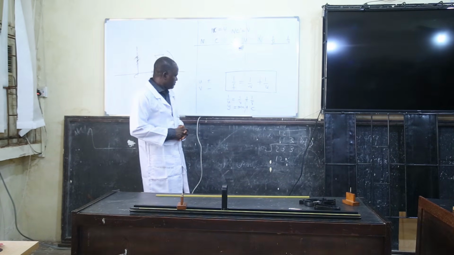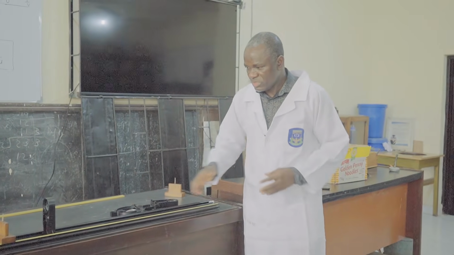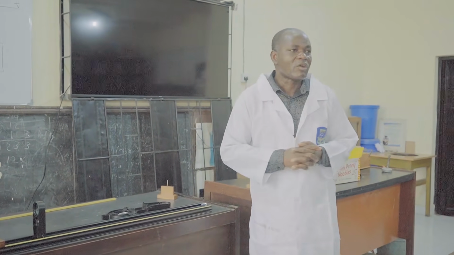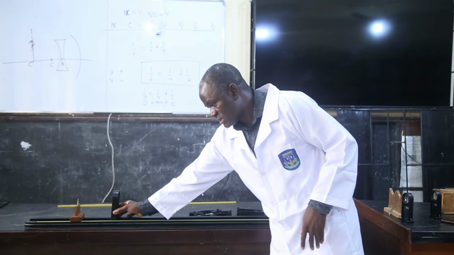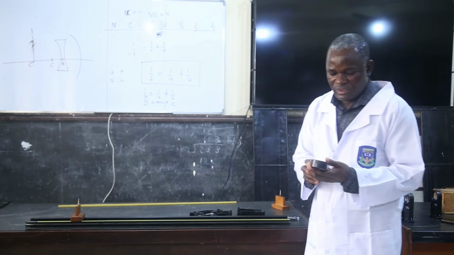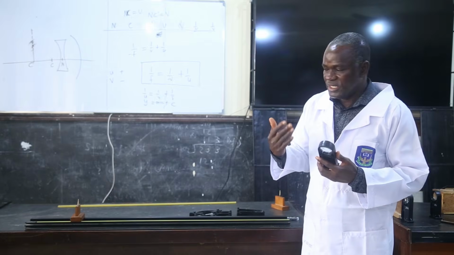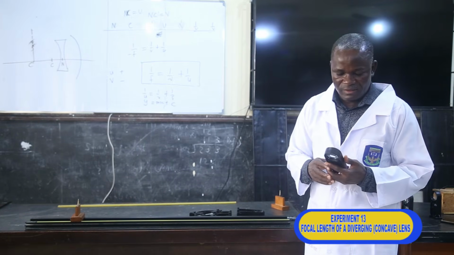Now the second method that we are going to use is the use of a convex lens. A convex lens, I have a convex lens here, can form different types of images depending on the position of the object from the lens.